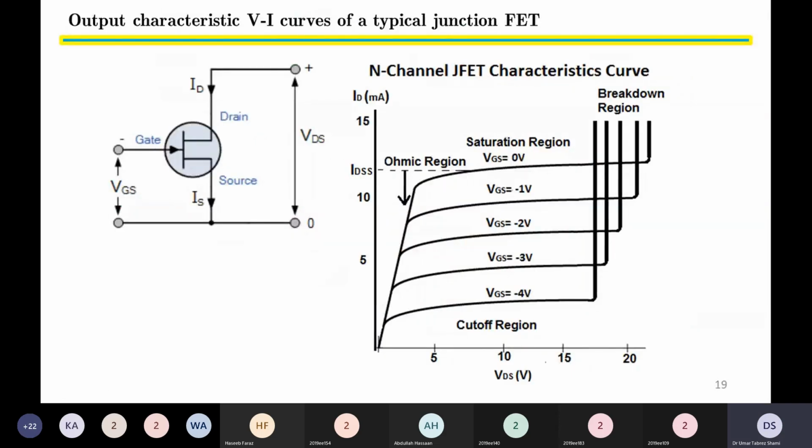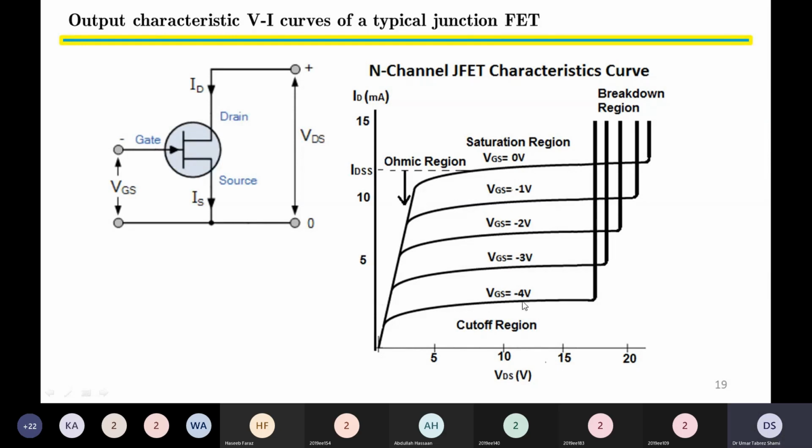Now we will discuss the n-channel characteristic curve for changing the value of VGS. So in the first case VGS is 0, in the second case VGS is -1 volt, in the third case the VGS is -2 volt, then -3 volt, then -4 volt.